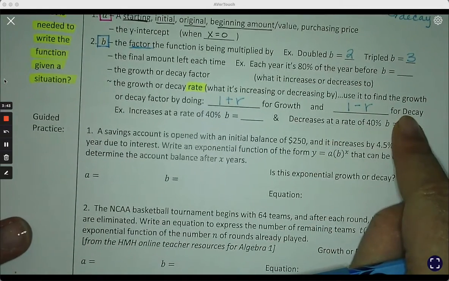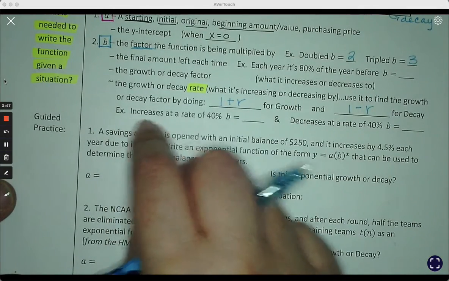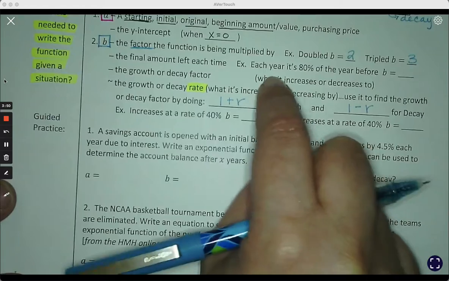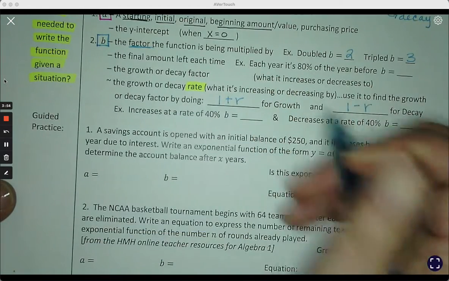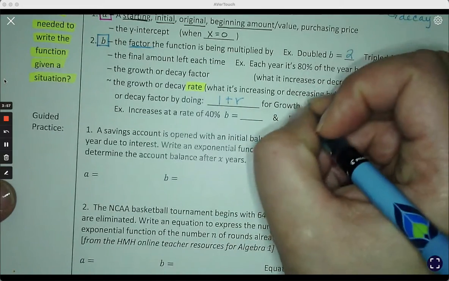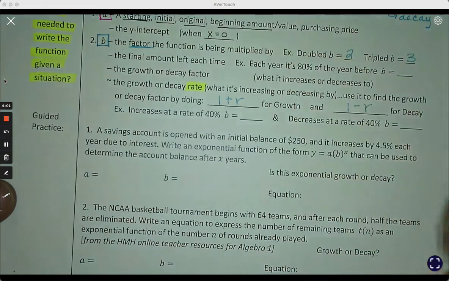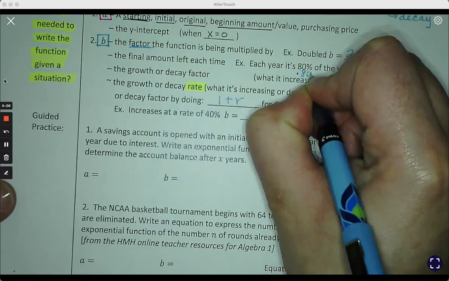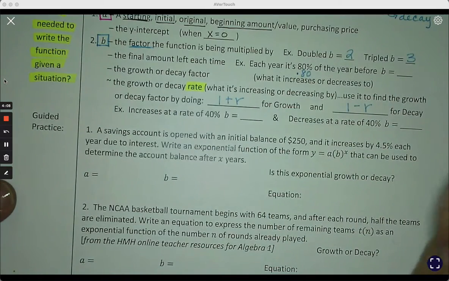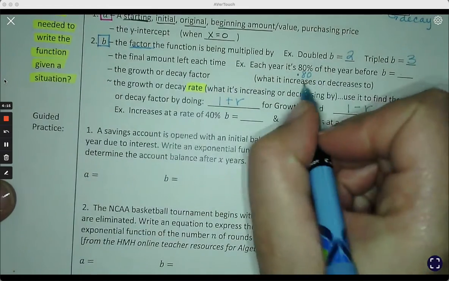All right, so I need more space here. There's a couple of examples, so we'll go back up here. Each year it's 80% of the year before. So 80% would be 0.80 of the year before. So b is equal to, I'm sorry, let me go back.